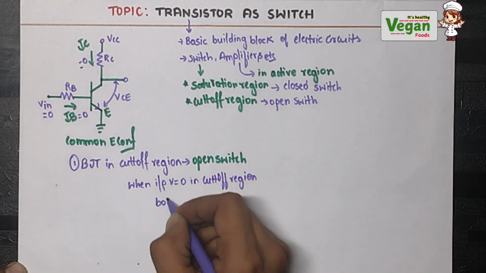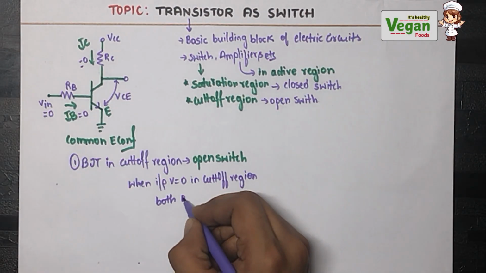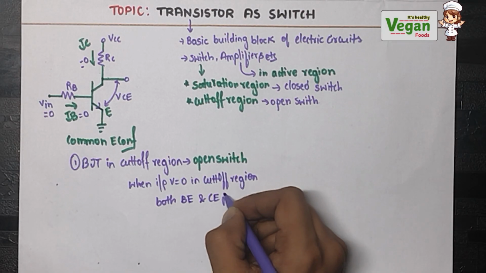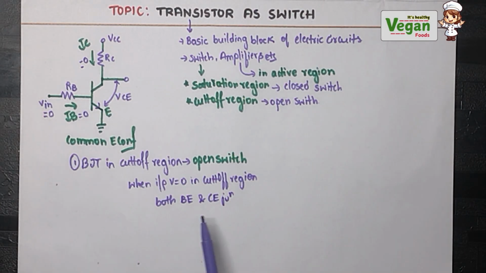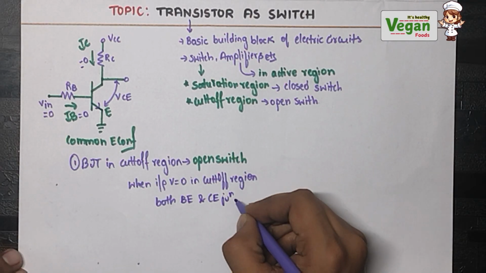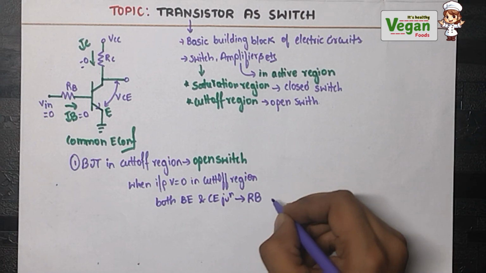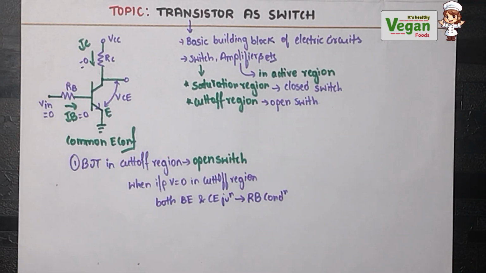When the input voltage is equal to 0 in the cutoff region, what are the two junctions here? The base-emitter junction and the collector-emitter junction, because we are taking the common emitter configuration. The base-emitter junction and collector-emitter junction will work in reverse bias condition. When they work in reverse bias, there will be no conduction of current through them.